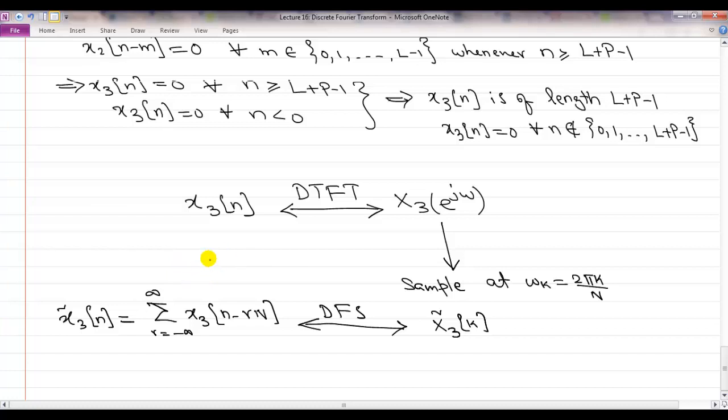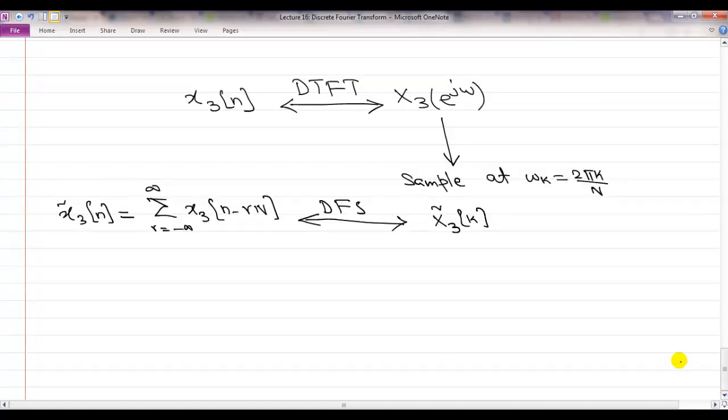So based upon that, we want to derive the relationship between the circular convolution and the linear convolution. So we'll have to keep both things in mind. x3 of n is x1 of n linearly convolved with x2 of n.